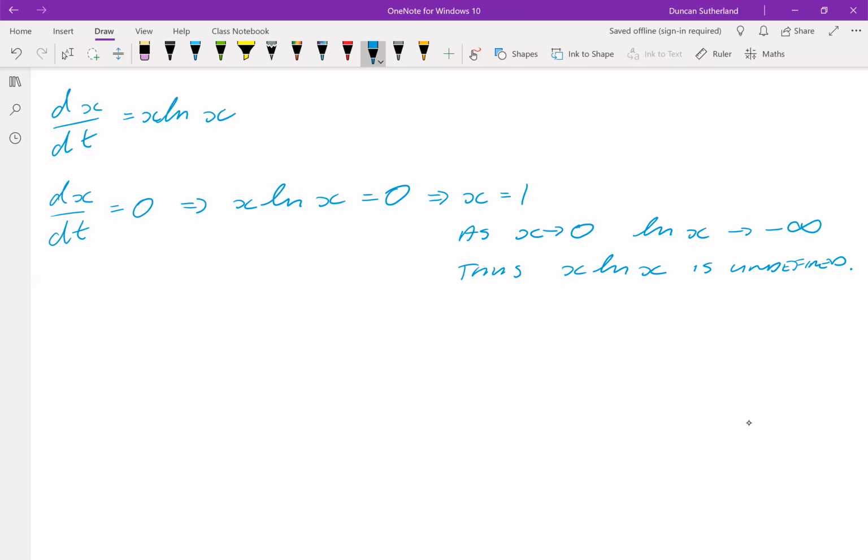All right, so that's where we'll leave that. We can't replace it by the limit. So yeah, x = 0 doesn't work.